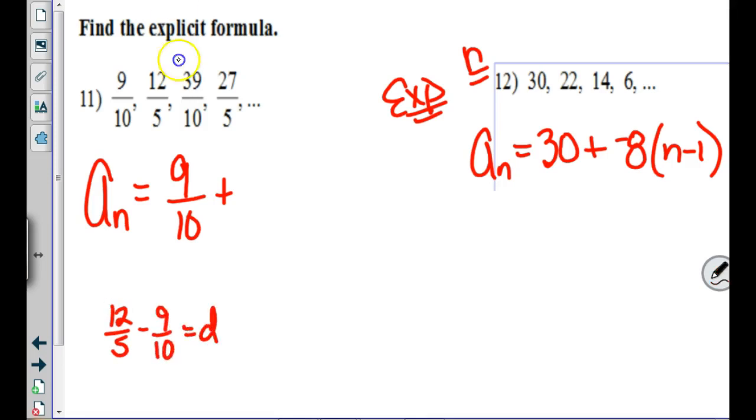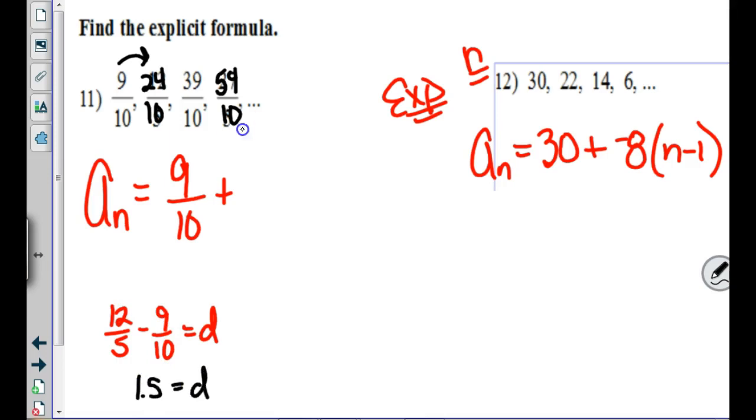I probably would rewrite this. If you double that, you get what, guys? 24 over 10. Double this, you get 54 over 10. So it was going up by 15 over 10, right? Which is what? Somebody try typing this. Yeah, this is 1.5.